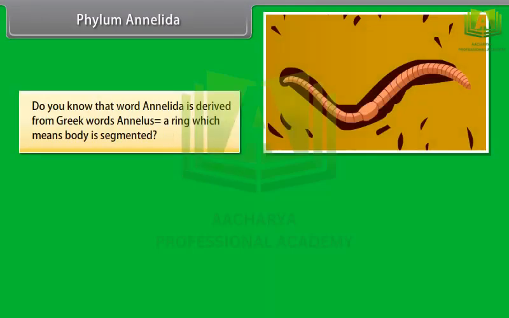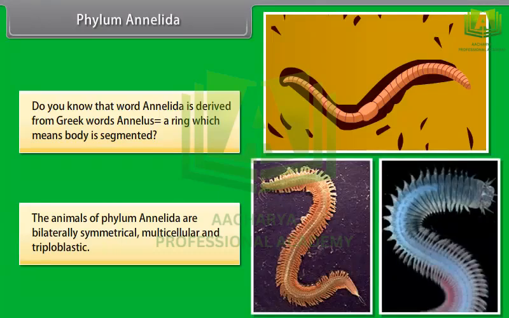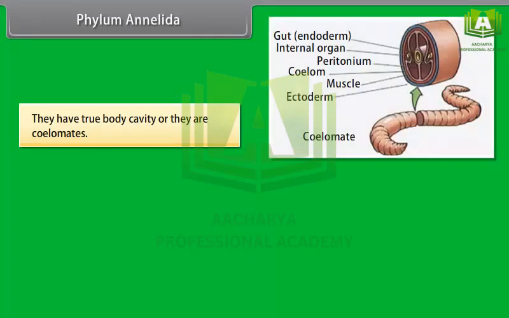Phylum Annelida. Do you know that the word Annelida is derived from Greek word annelus, a ring, which means the body is segmented. The animals of phylum Annelida are bilaterally symmetrical, multicellular, and triploblastic. They have a true body cavity, or they are coelomates.